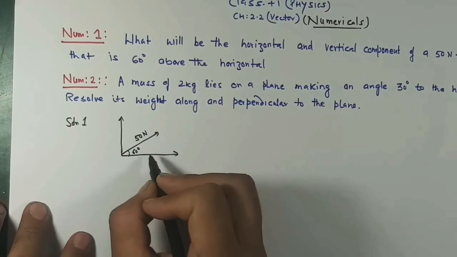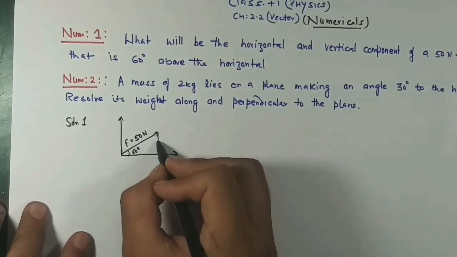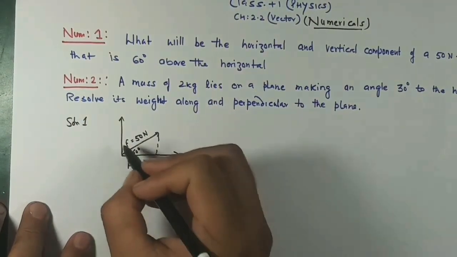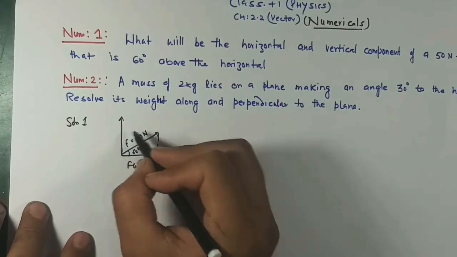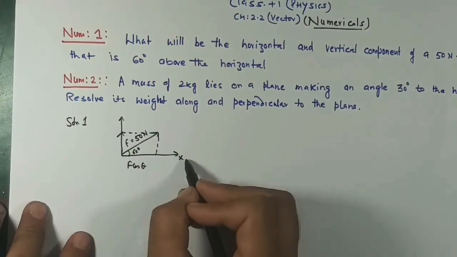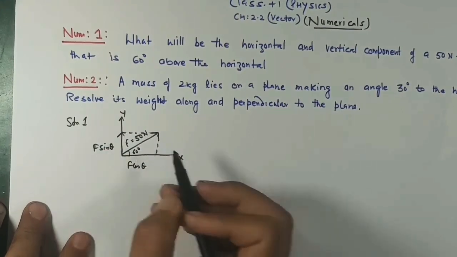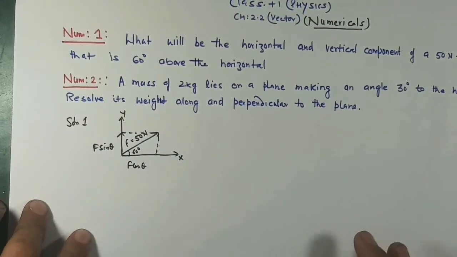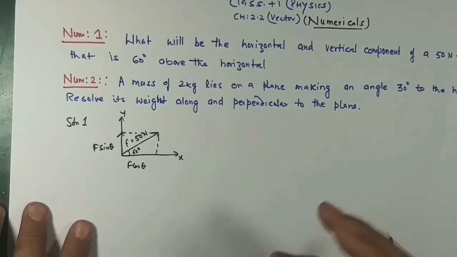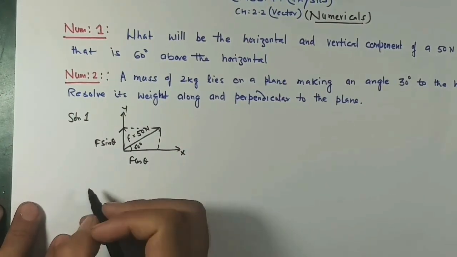So this is the horizontal component, this is F, so it comes out to be F cos theta is its horizontal component, and this is the vertical component along y-axis, this is F sin theta. So we have to find out F cos theta and F sin theta, which are horizontal and vertical components. Clear?